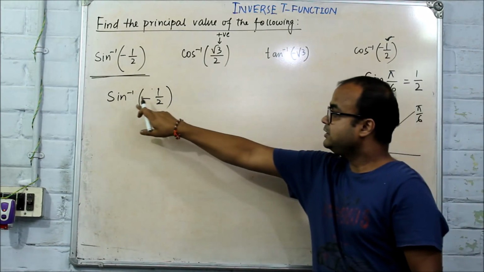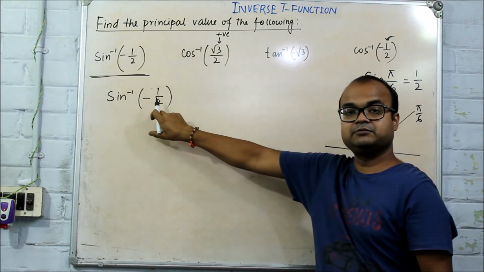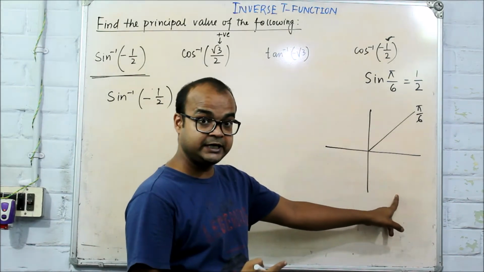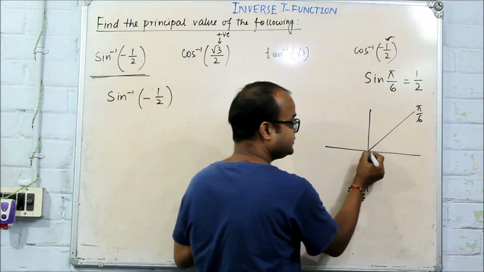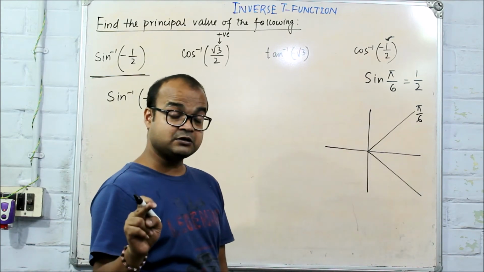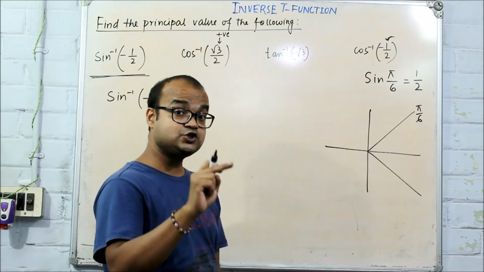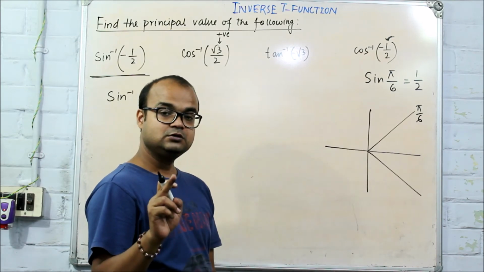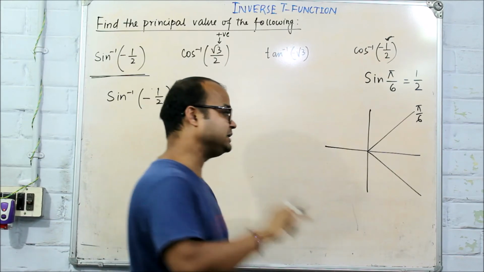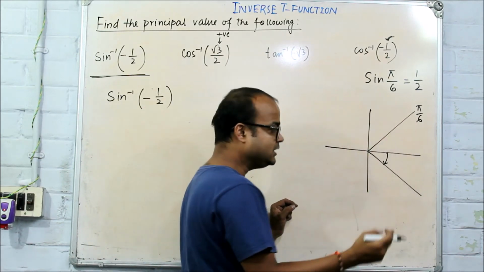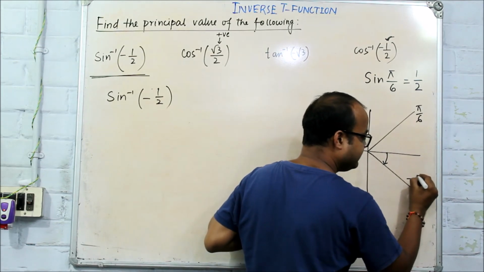Now sine inverse negative means your angle will belong to the fourth quadrant, as I just discussed. In the fourth quadrant you can write the angle as 2 pi minus theta, or better, write minus theta, because in magnitude minus theta will be less. So minus pi by 6.